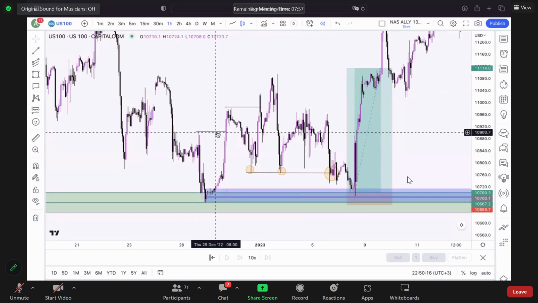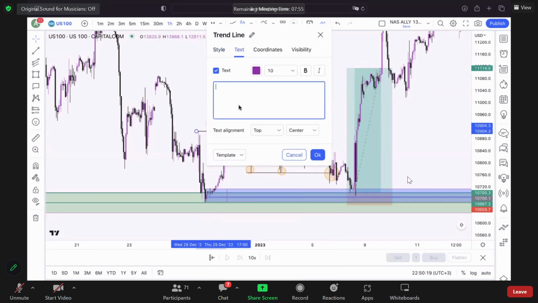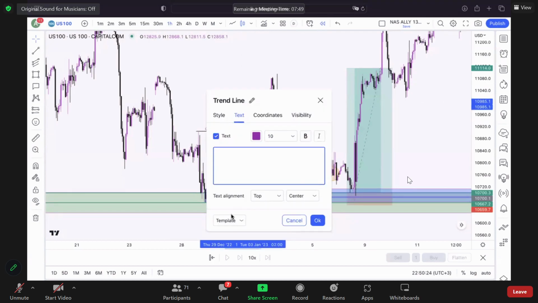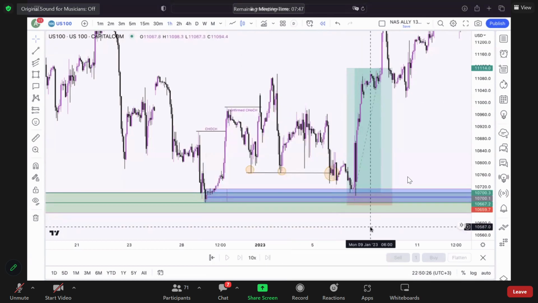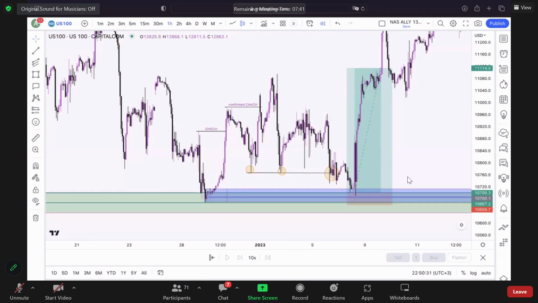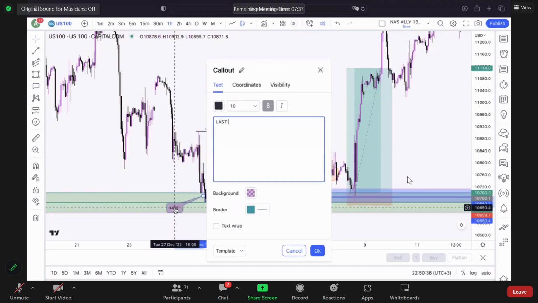Oh, sure. So we'll just go change of character. This was then followed by a break of structure, which was our confirmation. And then we've got our last down candle, which is our order block, which tapped into a higher time frame order block.